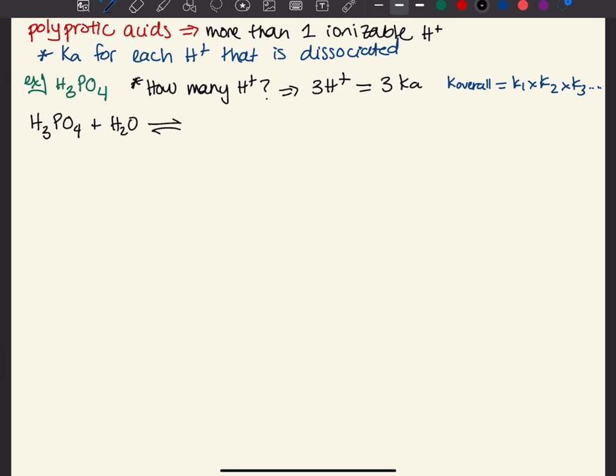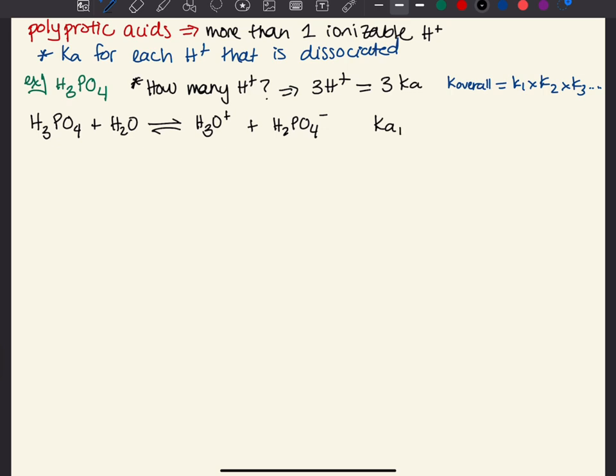My acid is going to be donating a proton, and my base is going to be accepting it. So in this case, water is going to be accepting a proton, and my phosphoric acid is going to be donating a proton. So this right here is going to be my Ka1.